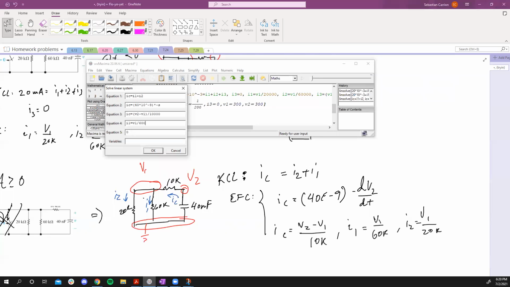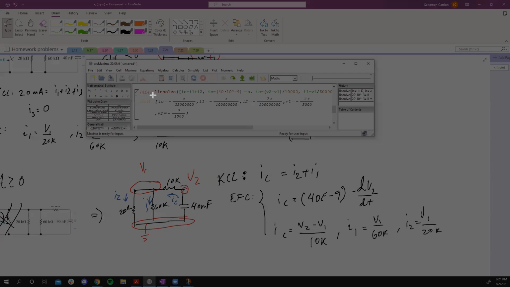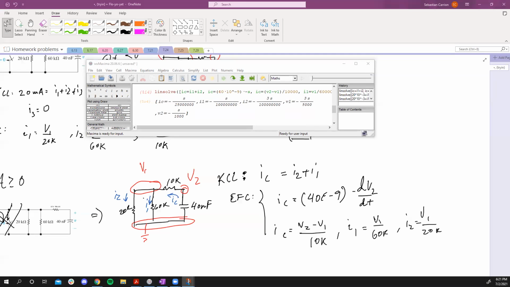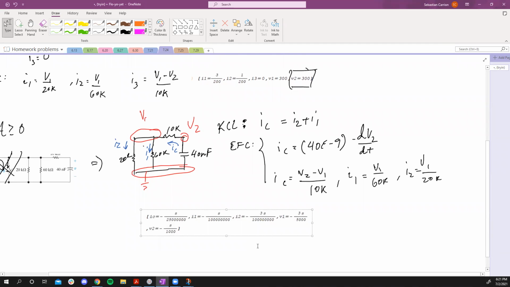I1 equals V1 over 60,000. I2 equals V1 over 20,000. We have IC, I1, I2, V1, V2. Cool. So we get this. So these are our values, right?